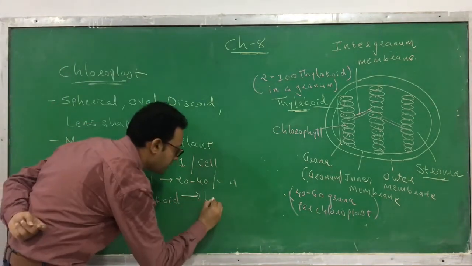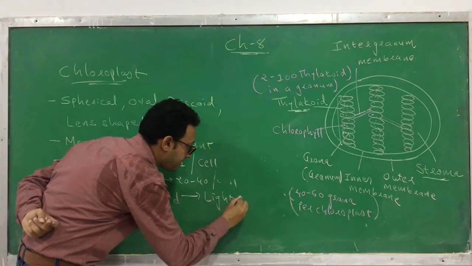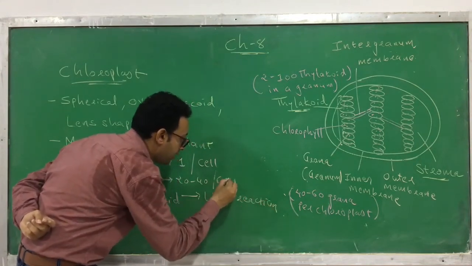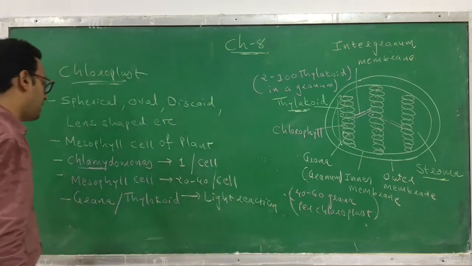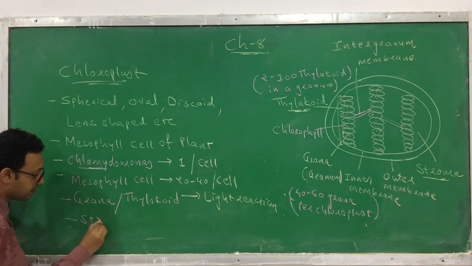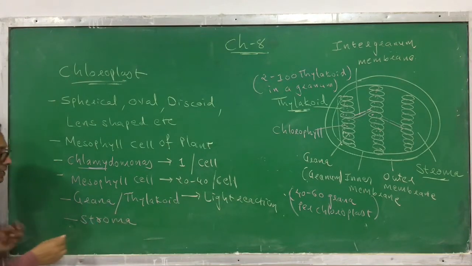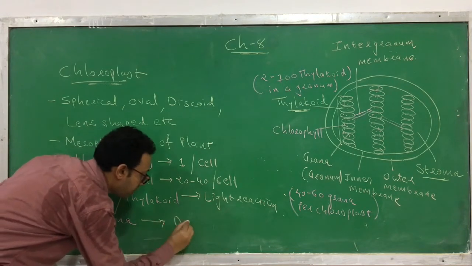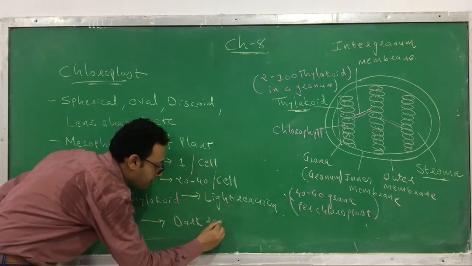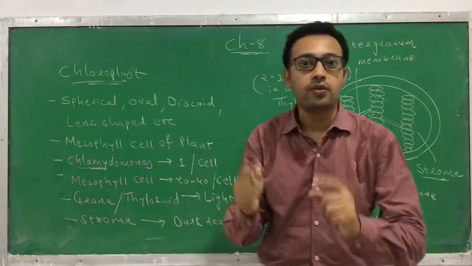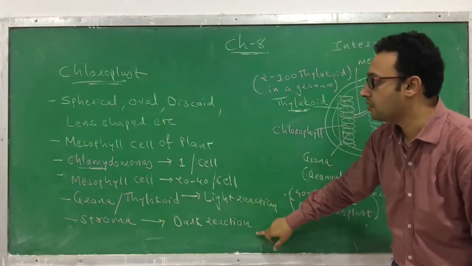So here in the thylakoid, the light reaction occurs. But in the case of the stroma, that is the inner portion, the dark reaction takes place. Both are parts of photosynthesis, the light reaction and the dark reaction.